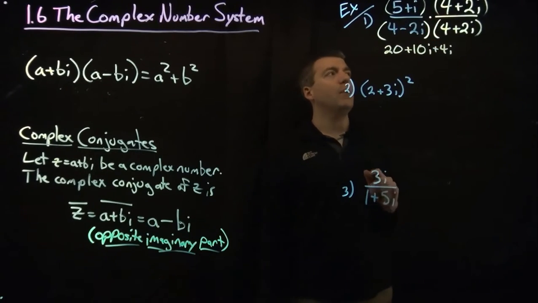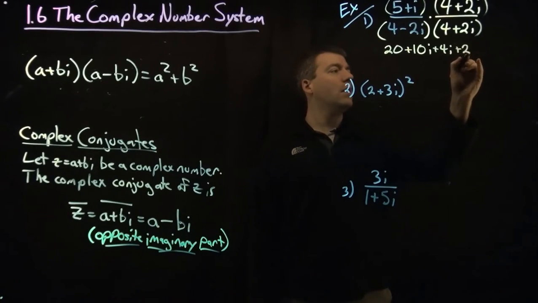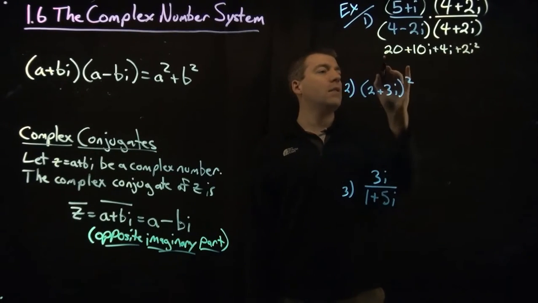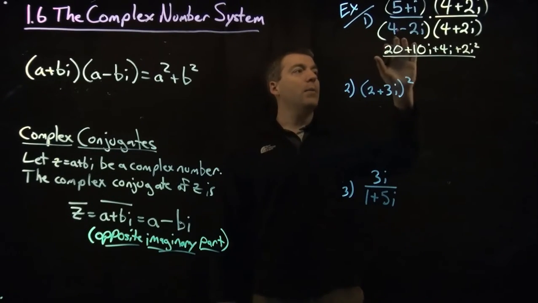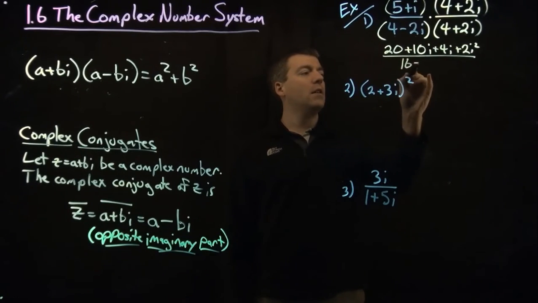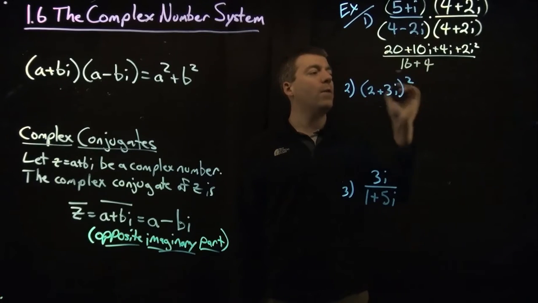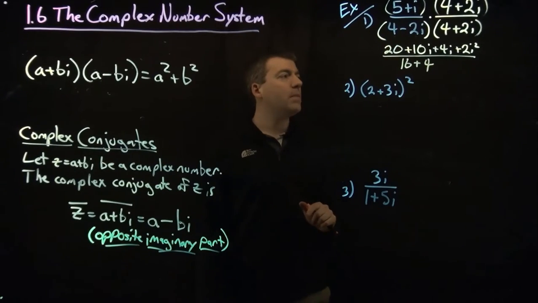And i times 2i is 2i squared. And our denominator, we have a real part of 4, imaginary part of 2, so that will be 4 squared plus 2 squared.